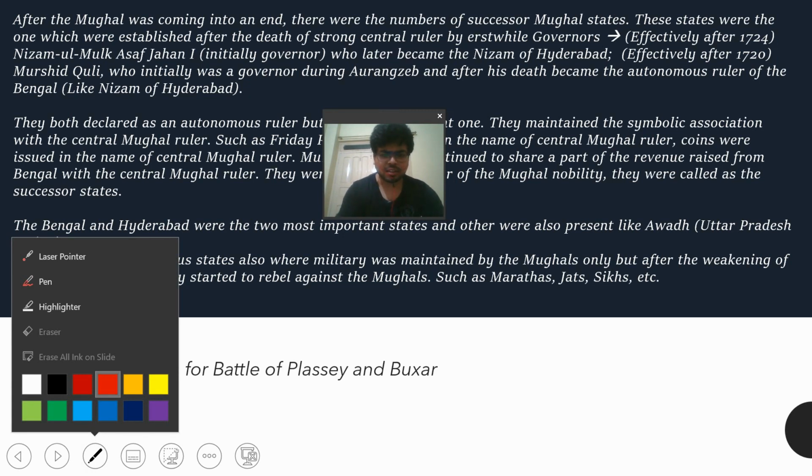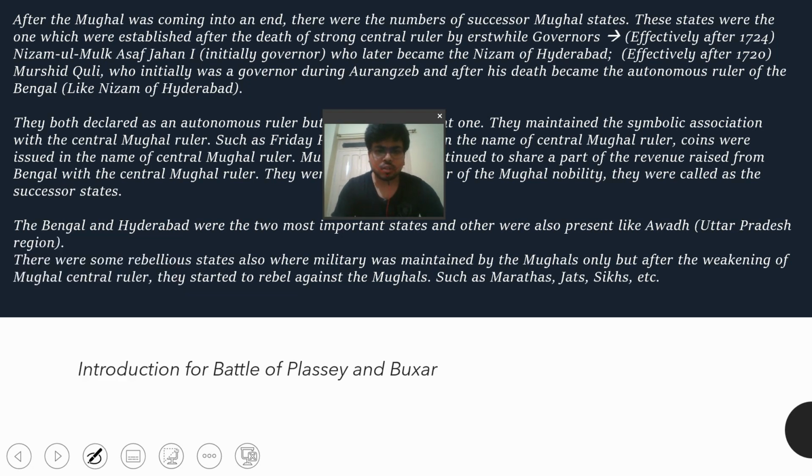The Battle of Plassey was known as a war that was not actually fought; the British won clearly without any major loss, even if we say no loss at all. And the Battle of Buxar proved the British to be a strong ruler of India, showing the world that British power was actually ruling in India. All those things we are going to see.